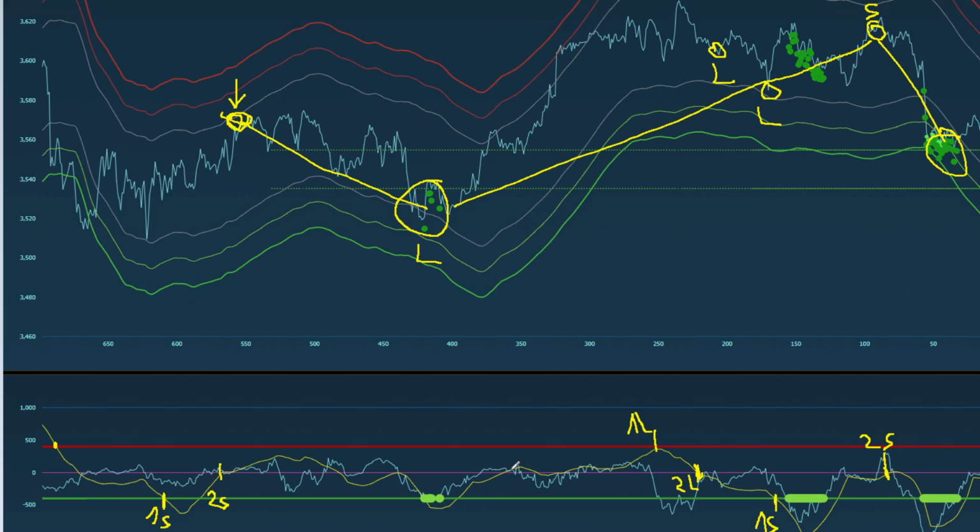So in the order flow section on the same chart, you will see these green or red dots. Okay, so let's clear this chart.